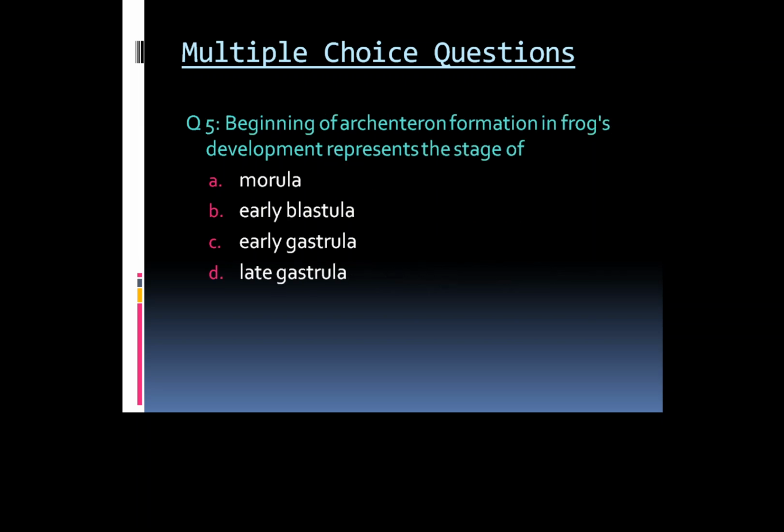Question 5. Beginning of archenteron formation in frog's development represents the stage of option A, morula, option B, early blastula, option C, early gastrula, or option D, late gastrula.